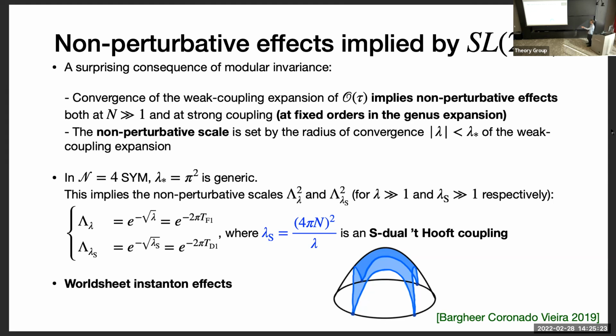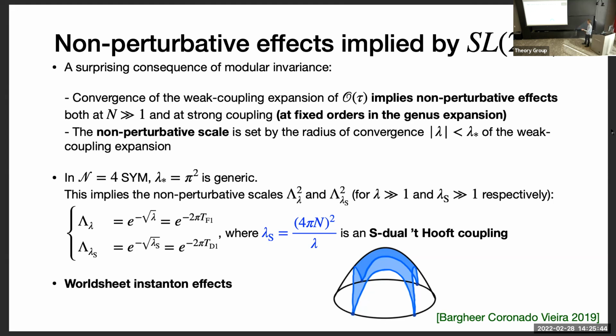And for this reason, the reason of this scaling, we associate these effects with either fundamental string or D1 string worldsheet instanton effects in AdS5 times S5. So perturbation theory has to be supplemented by these worldsheet instanton effects if the weak coupling expansion is convergent.